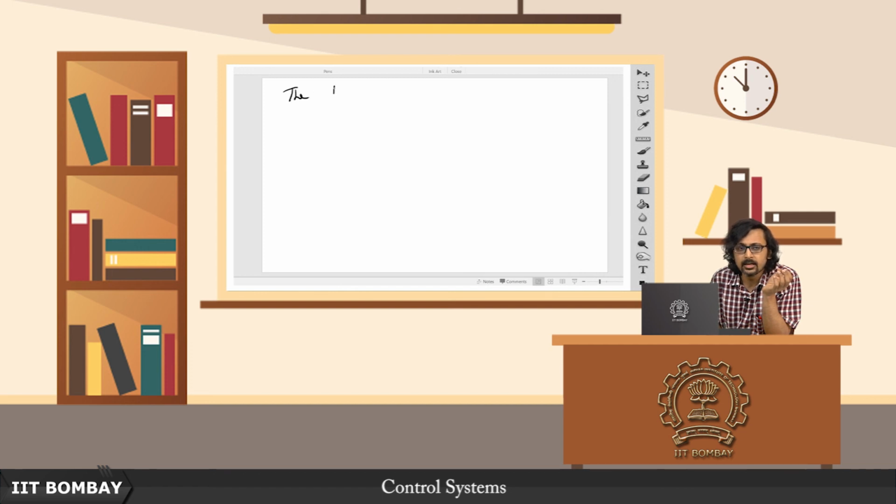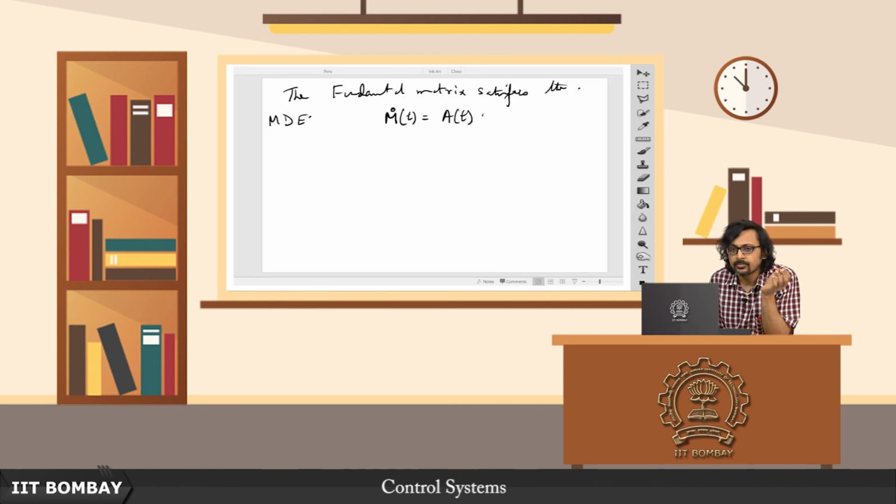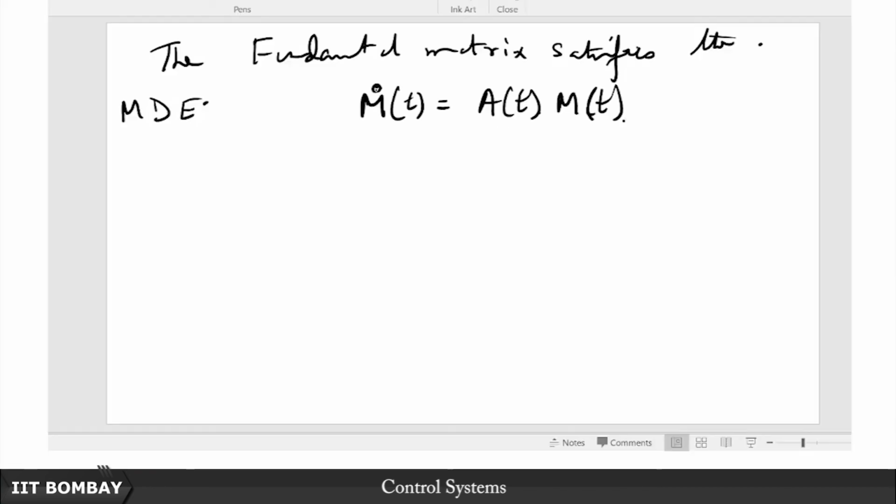It is easy to see that the fundamental matrix, so here is the claim, satisfies the matrix differential equation, M dot equal to A(t) M(t), for some M(t0) equal to M0. Why?